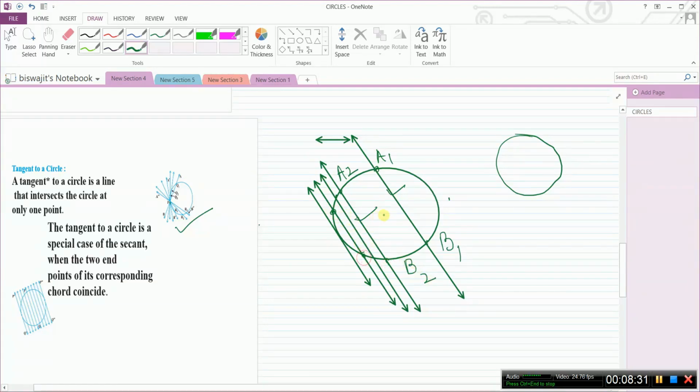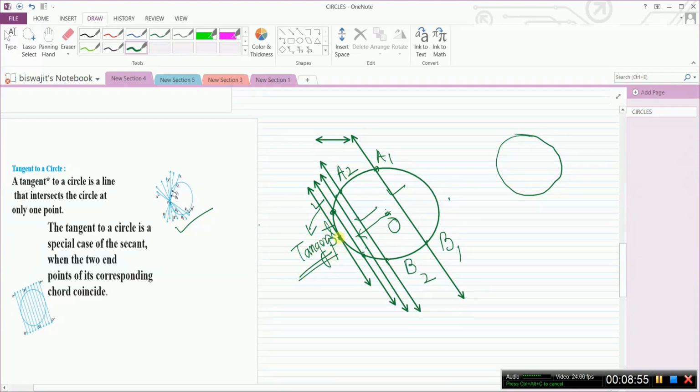But when it gradually moves away from the center of the circle, these 2 points coincide and it intersects at only one point of the circle. So this secant turns to a tangent. Now it is called a tangent because it intersects at only one point.